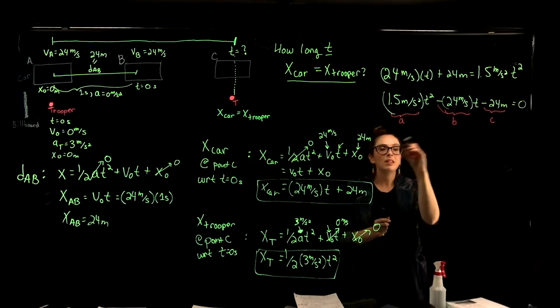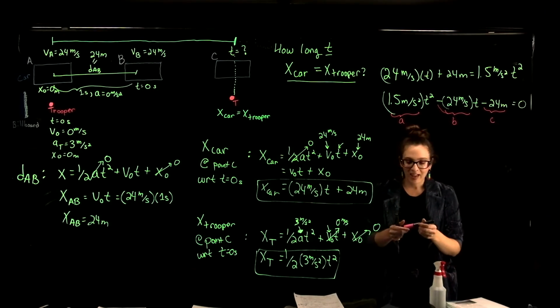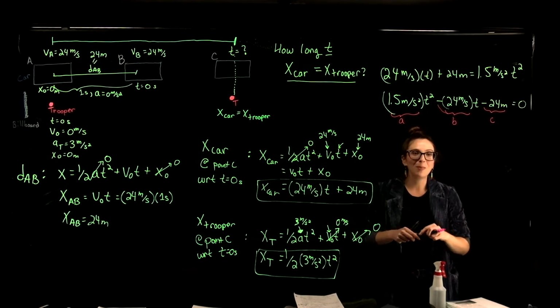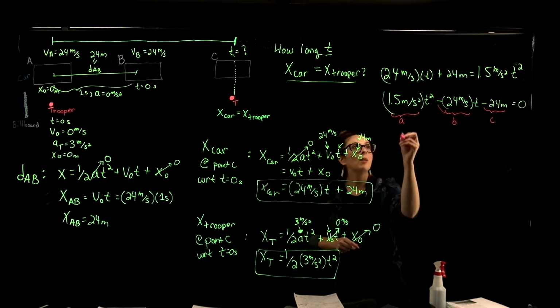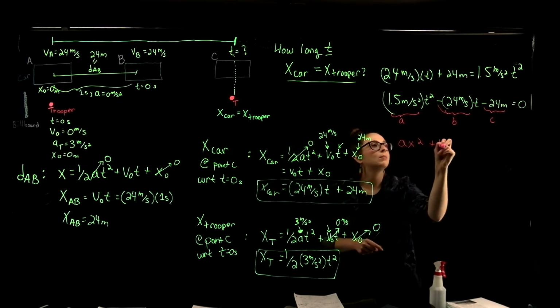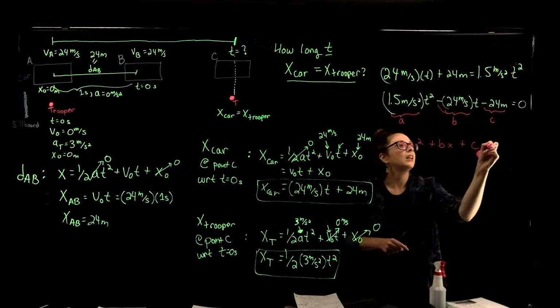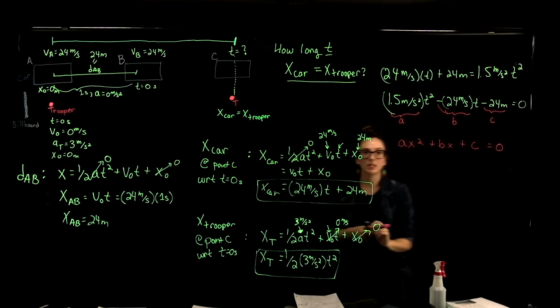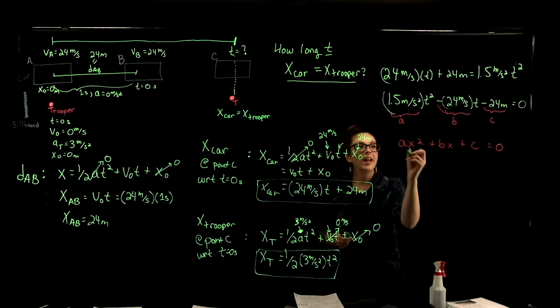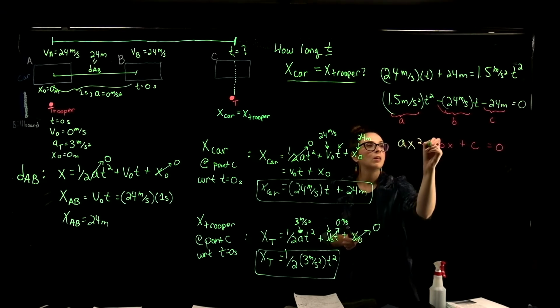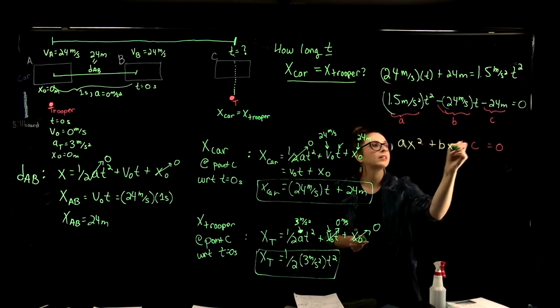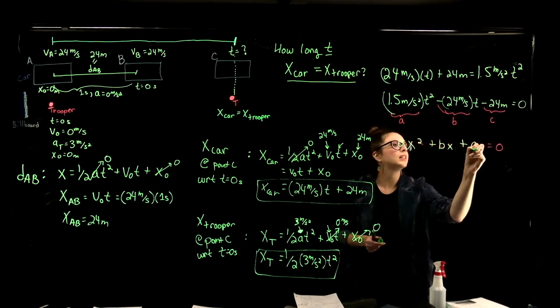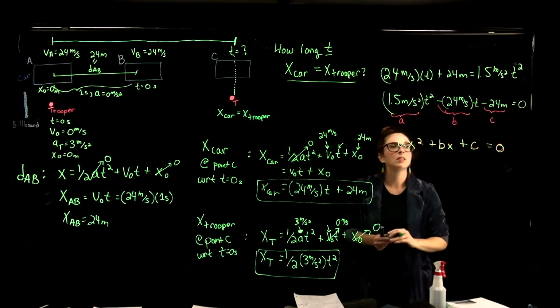Okay, so this is a quadratic formula. And if you remember quadratic formulas, how do we solve for them? So this is the form of ax squared plus bx plus c. That all equals 0. So we've got a x squared plus bx plus c, that all equals 0.